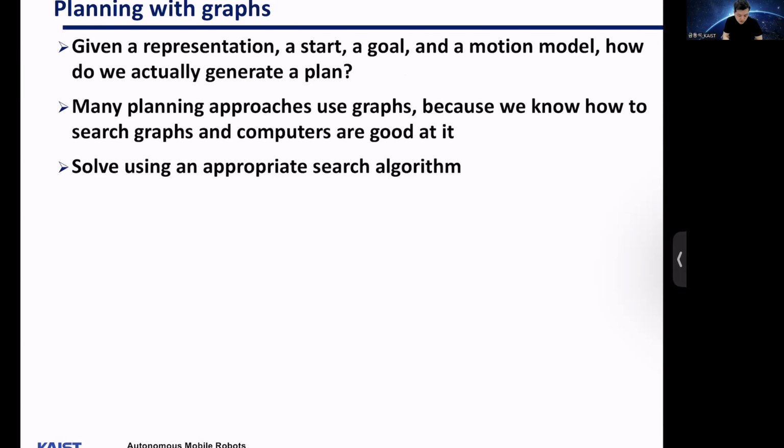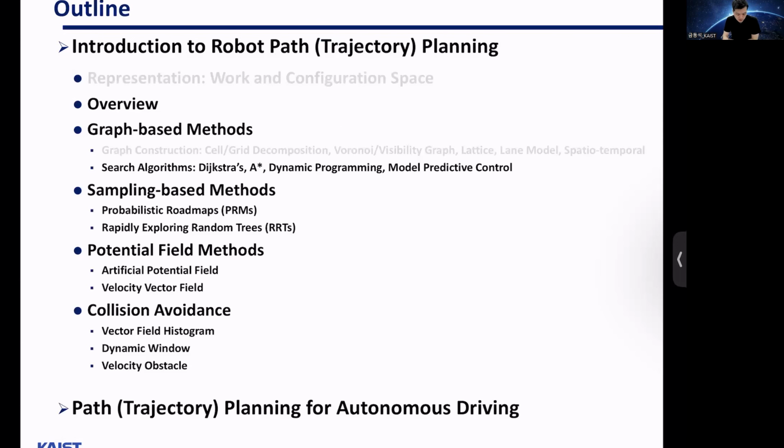Planning with graphs. Given a representation, a start, a goal, and a motion model, how do we actually generate a plan? Many planning approaches use graphs because we know how to search graphs, and computers are good at it. Solve using an appropriate search algorithm. All right, so far we covered up to here.